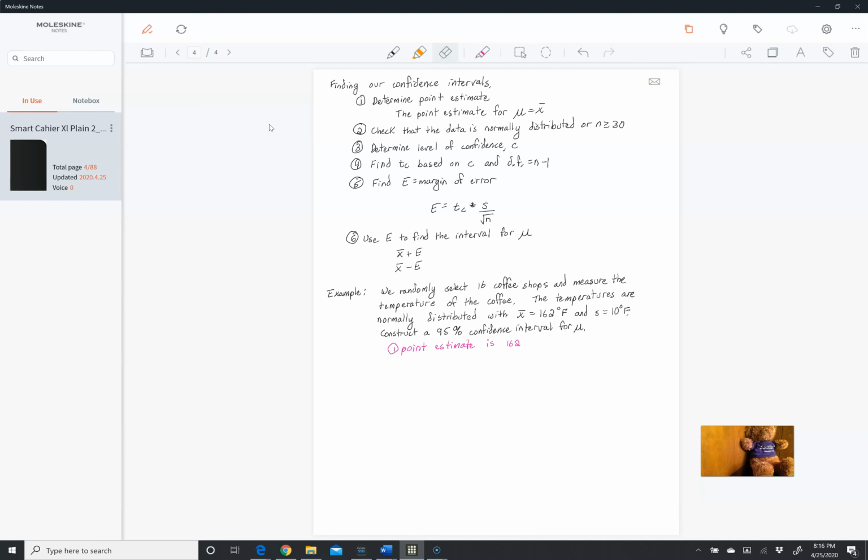Okay, so we're saying that our mu is somewhere on both sides of that 162. I don't think that we actually put this as a step. I just want you to be clear that we're estimating the population mean to be 162, but we know it's not exactly 162. It's got to be a little bit more or a little bit less, okay?